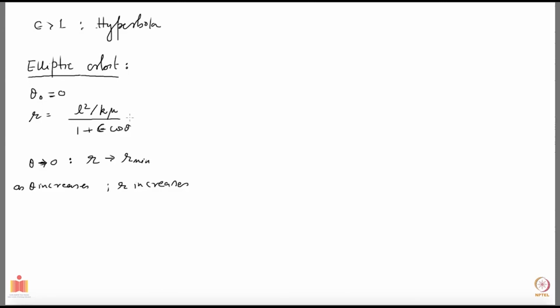And when your theta is pi, this will be -1. And this would take its minimum value allowed, and R will take its maximum value. So as theta goes to pi, R goes to R maximum, and then after that it starts again decreasing. So clearly the situation is this.